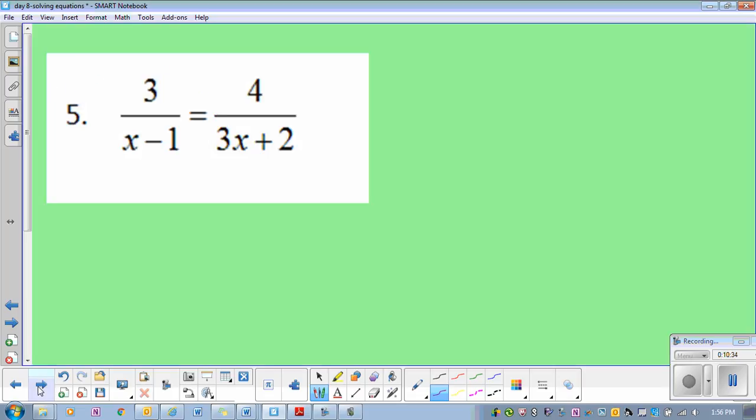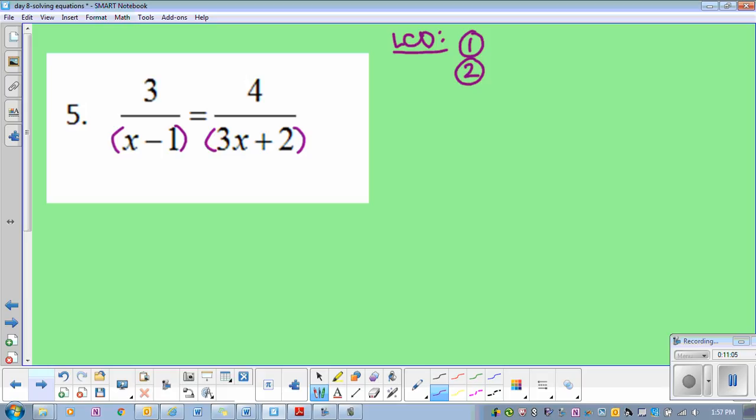All right, let's look at this one. So I see how x minus 1 is connected by a minus, so I need to put parentheses around it. This 3x plus 2 is connected by a plus, so I need to put parentheses around that. Just to remind myself, I can't split these up, right? Okay, so, well, LCD. Let's find the LCD first. Fraction 1.